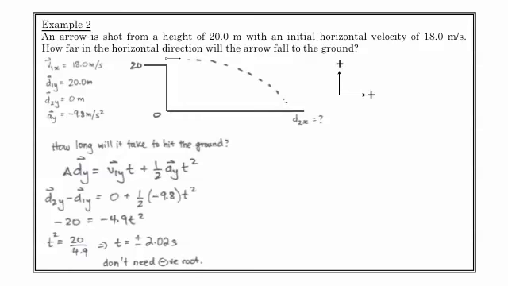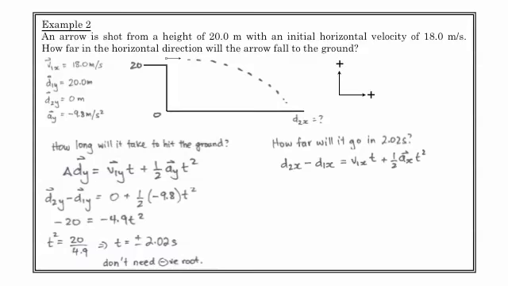And so time can show up in the x equations, and it can also show up in the y equations. So now if we know that it takes the arrow 2.02 seconds to go from 20 meters to 0 meters, we can now find out how far the arrow travels in the x direction. Okay, so how far will it go in x in 2.02 seconds?